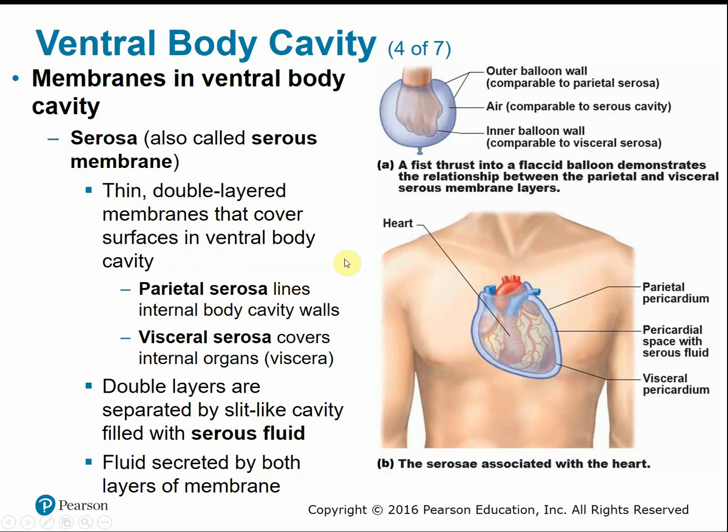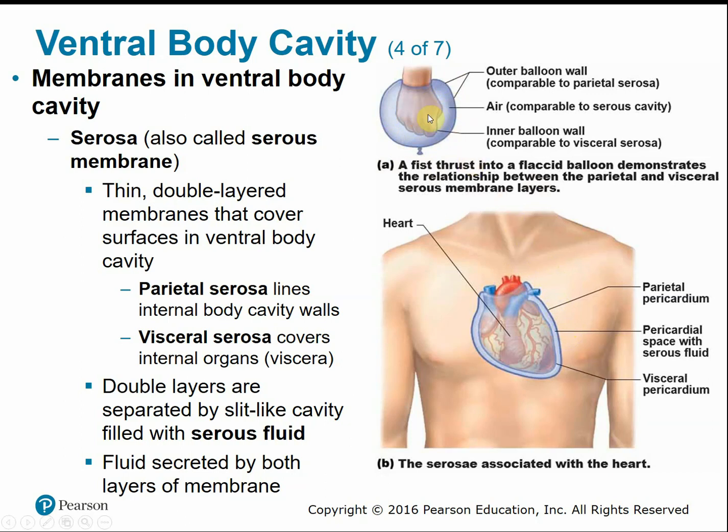A good analogy to think about these serous membranes: imagine you had a balloon. You aired it up, and you put your fist or your hand into the balloon. The outer balloon wall is comparable to the parietal pericardium or the parietal serosa.